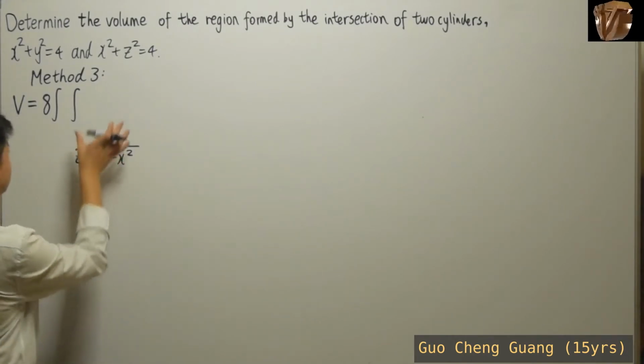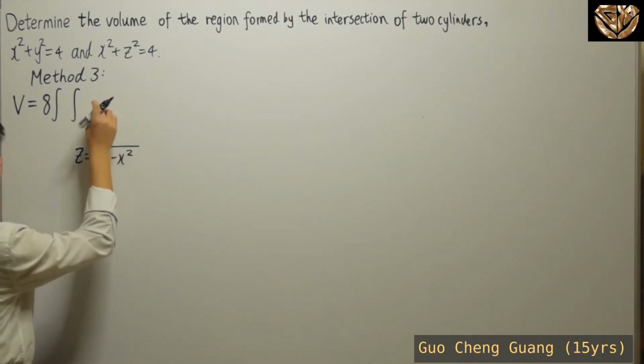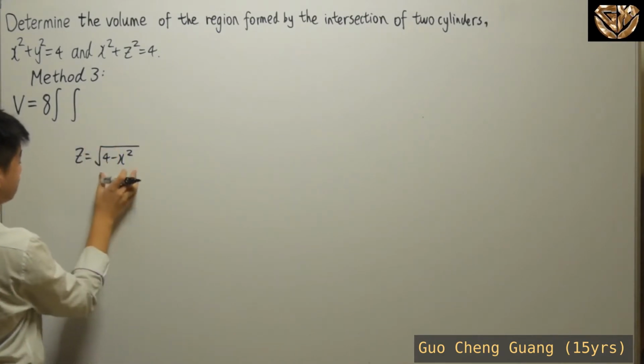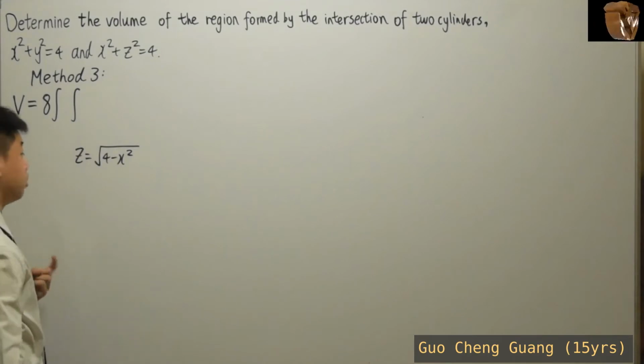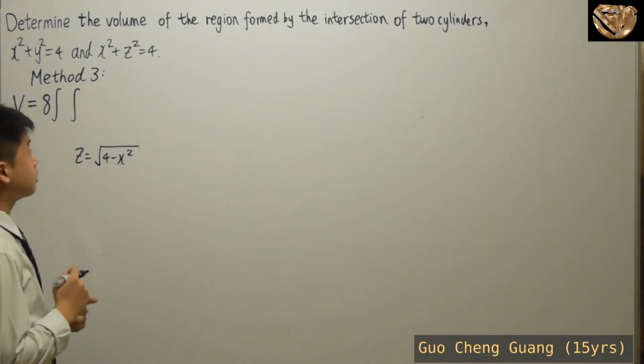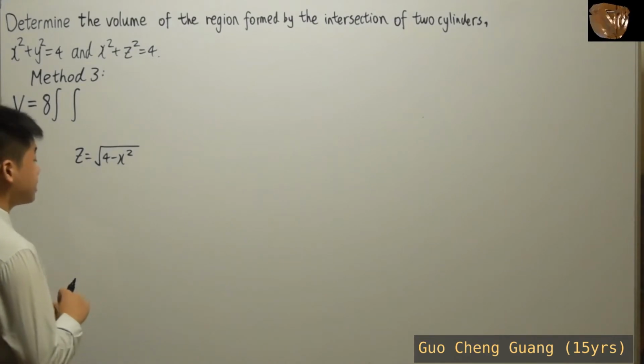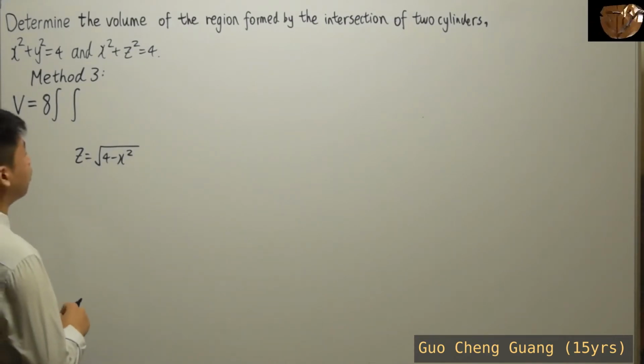And that was our integrand, since if you want to integrate in the z direction, that would just be from 0 to this, which is basically directly your integrand. But in this case, how about we change your coordinate system? And in this case, we take a look at polar coordinates.